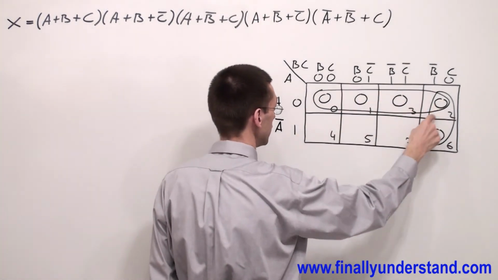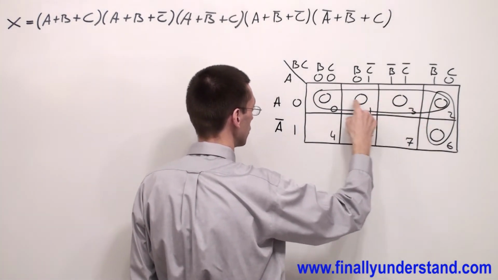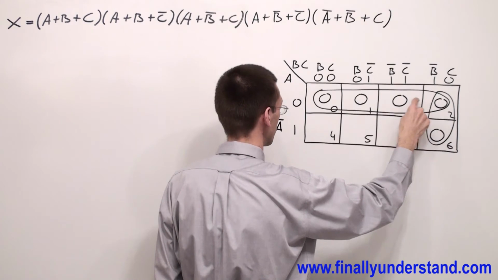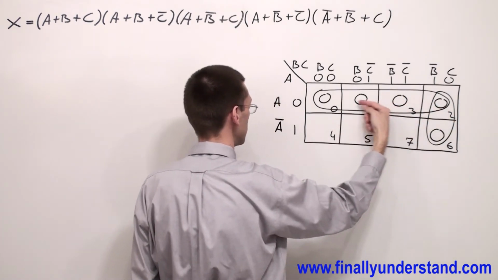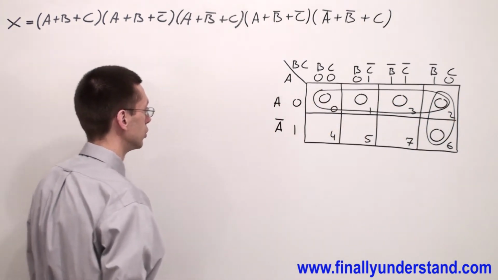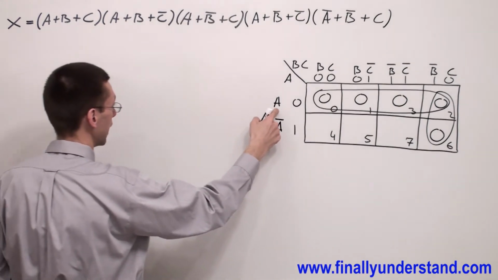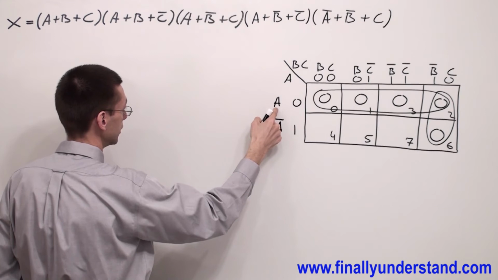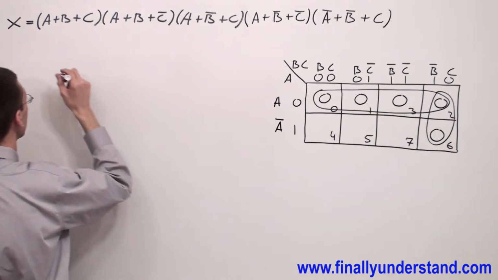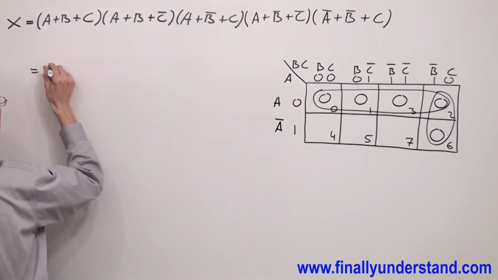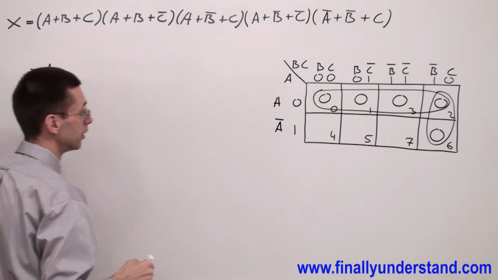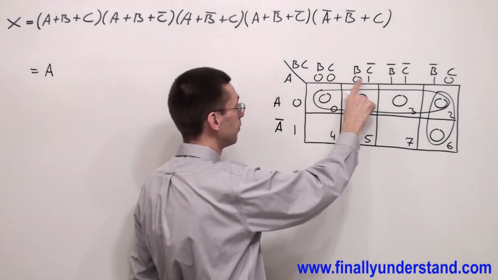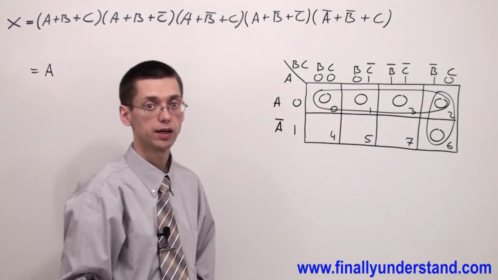This group is placed in 1 row. We said anytime we have group placed in 1 row, we're supposed to just copy down whatever is next to this row. So in this case, I have A. Remember, we are dealing with POS, that's why this is A next to 0. So I have A. At the top, we do not have common variable.